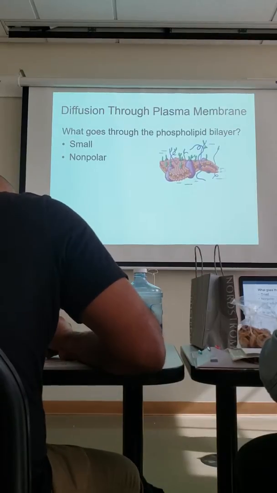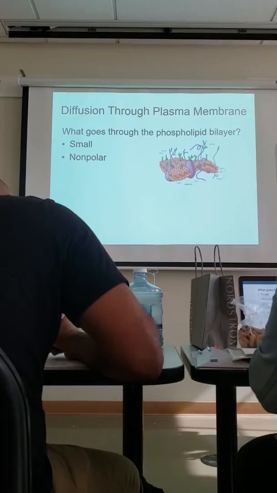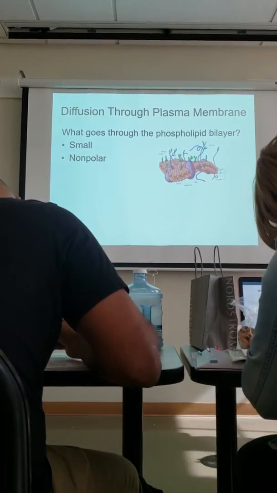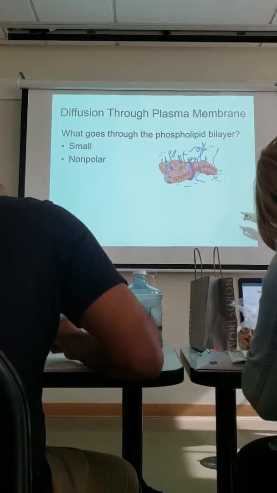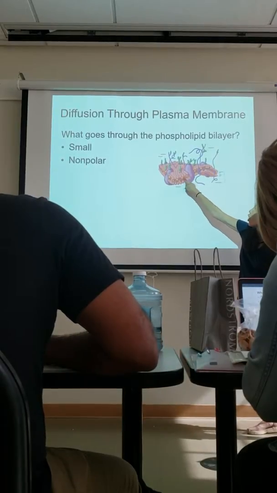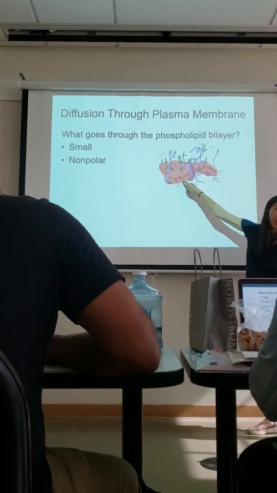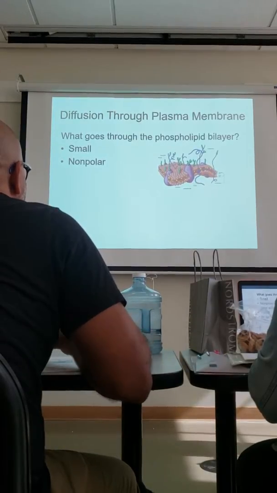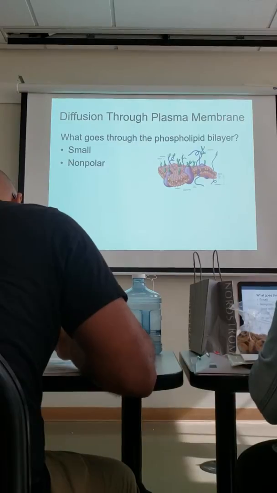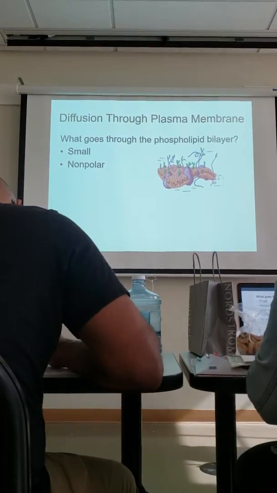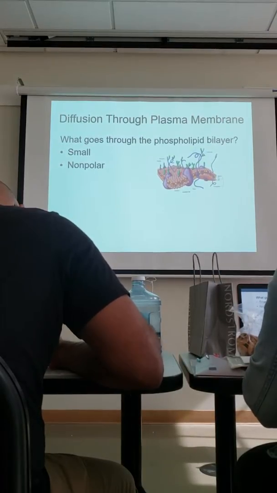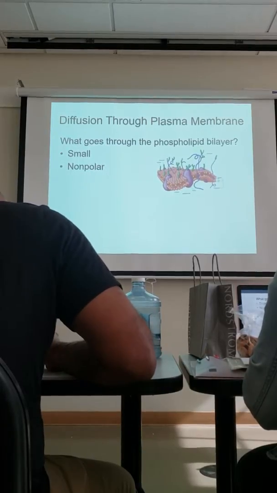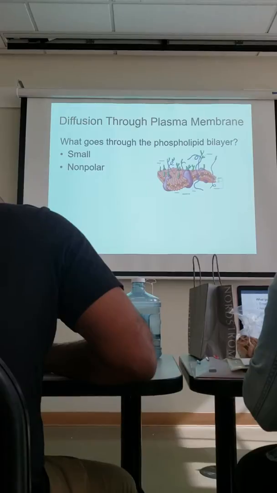And the reason the non-polar molecules can go through is that they go really well with the non-polar tails in the middle. The tails, which we say are hydrophobic, hate water, and are also non-polar. And non-polar substances like other non-polar substances. So that allows them to go through that thick middle tail layer.